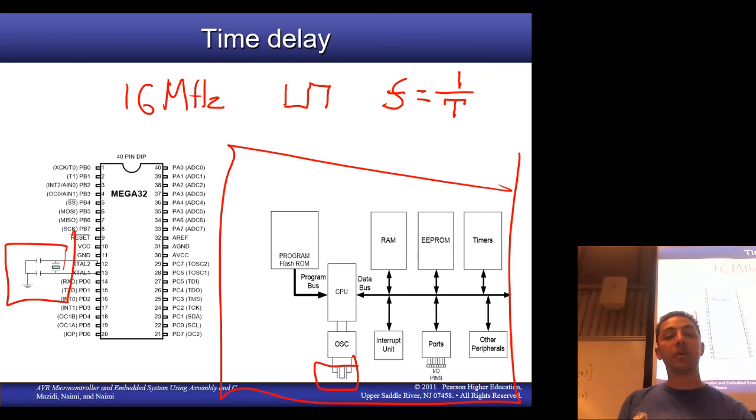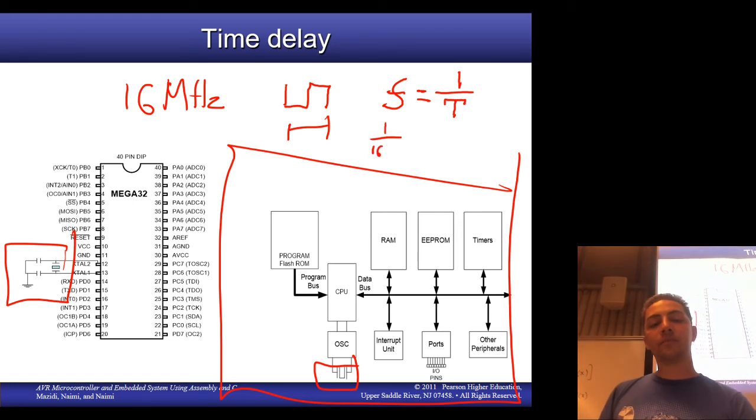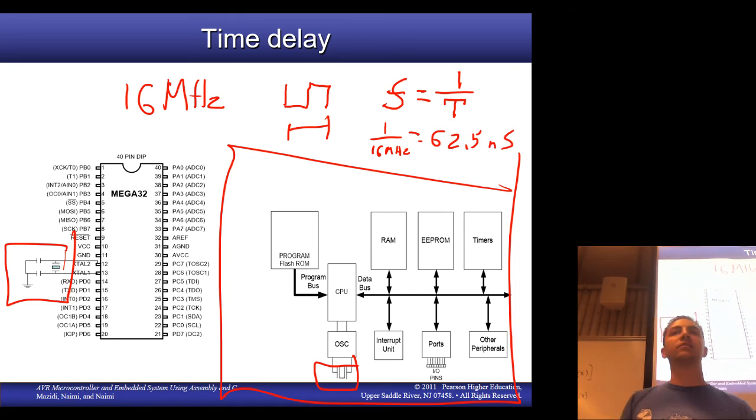So if you want the period, or the time in seconds of that clock, you take 1 divided by 16 million. 1 divided by 16 million is 62.5 nanoseconds. I did the math. This is one of those numbers you kind of want to have available to you. 16 megahertz frequency is 62.5 nanoseconds.